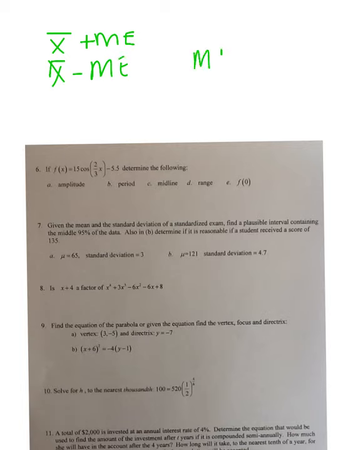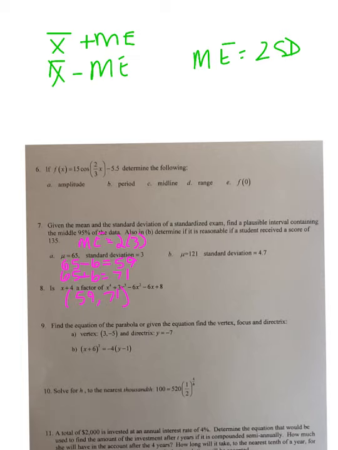Now remember, the margin of error is equal to 2 standard deviations. Okay, so for A, you're going to find the margin of error, which is 2 times 3, which is 6. So it's going to be 65 minus 6, which is 59. 65 plus 6, which is 71. So your interval of plausible values is 59 to 71. You put it in an interval because it says, right, what's the interval?